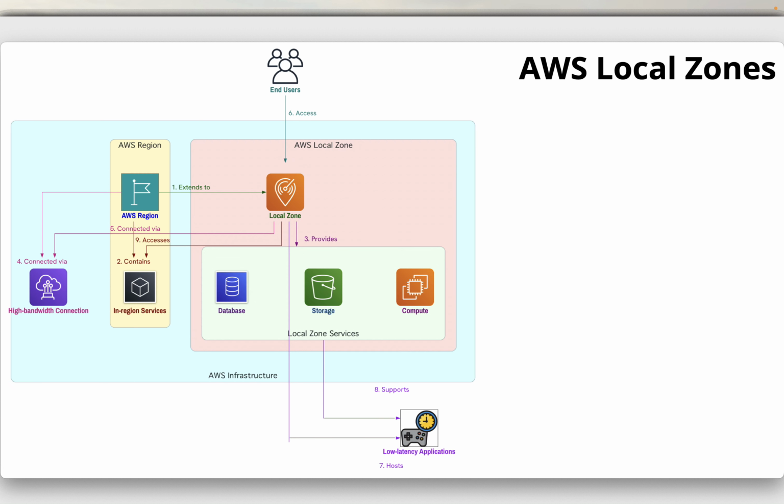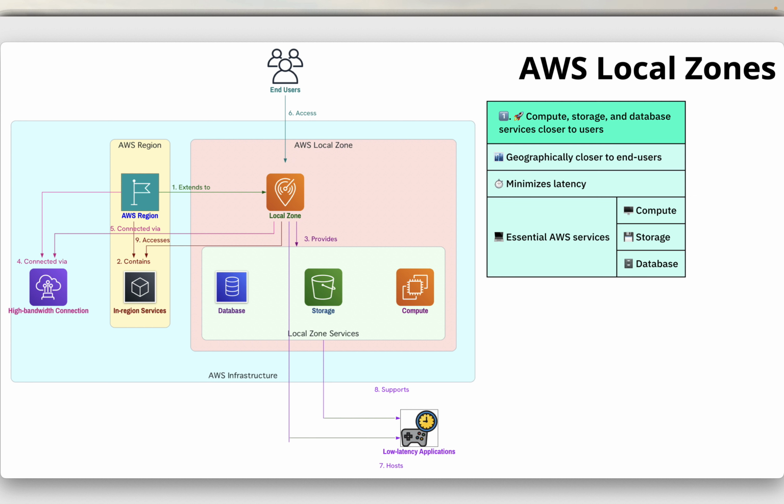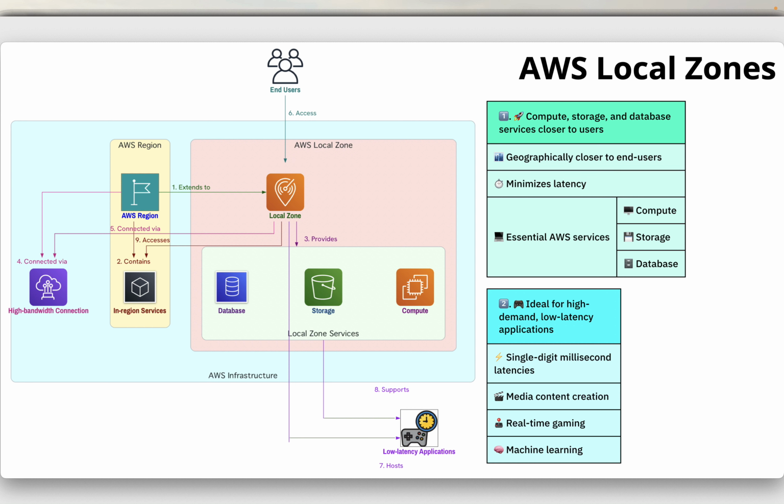Next I will be discussing local zones. So what is a local zone? AWS local zones bring essential AWS services geographically closer to end users to minimize latency. They are perfect for running applications requiring single-digit millisecond latencies, such as media content creation, real-time gaming and machine learning.